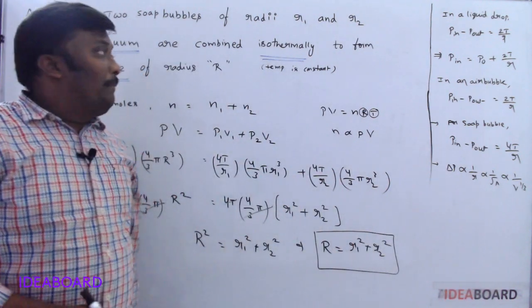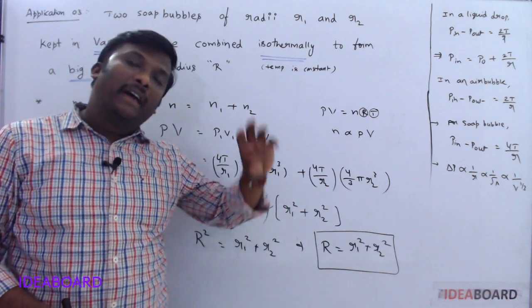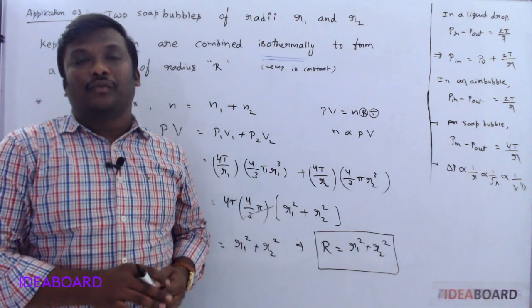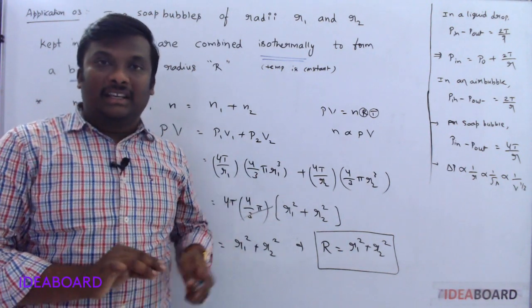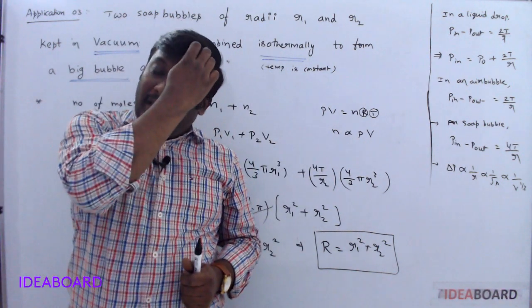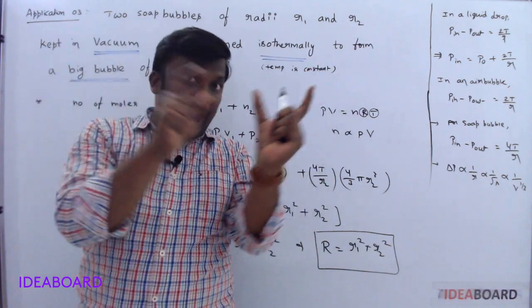So in all three applications, we are considering two soap bubbles having R1 and R2, but in different cases. In the first case, we took them in a chamber and found the ratio of the number of moles. In the second case, those two are in contact.